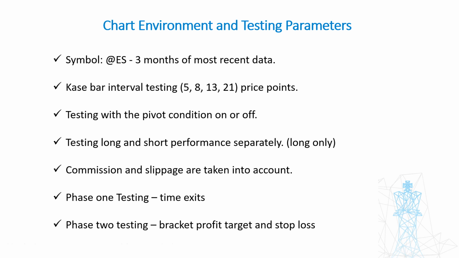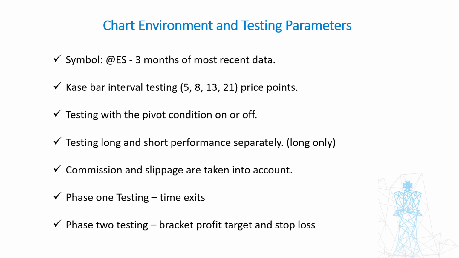We are going to be looking at the E-mini S&P 500 futures contract. That's the normal contract. It has a point value of 50. We'll be looking at 3 months of the most recent data, and we'll be testing a case bar with different case bar interval values.